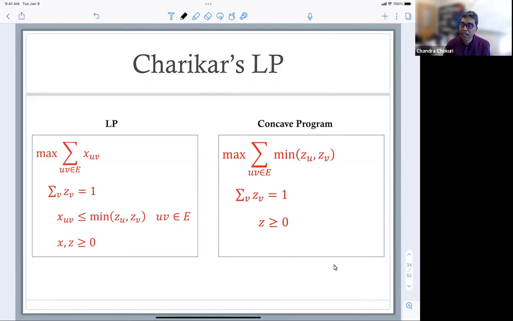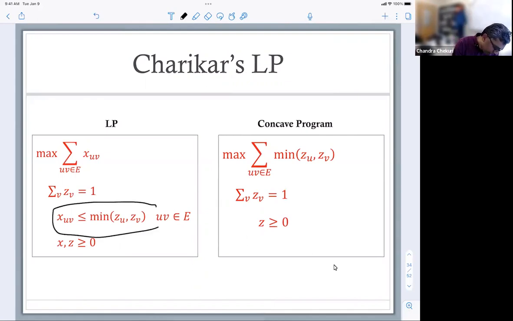If you look at Charikar's LP, where did it come from, right? I'm going to rewrite the LP where, instead of having the variable xuv less than or equal to zuzv, I'm just going to put it in the objective.